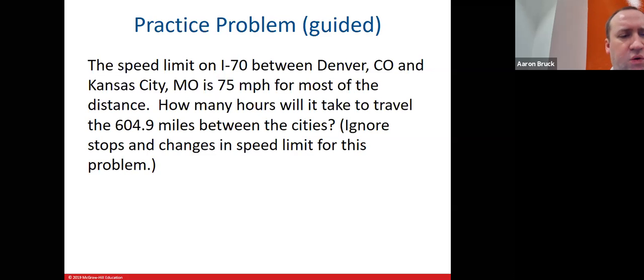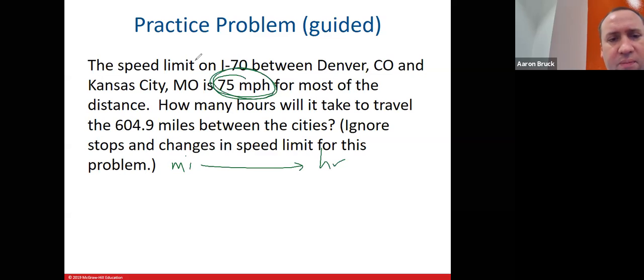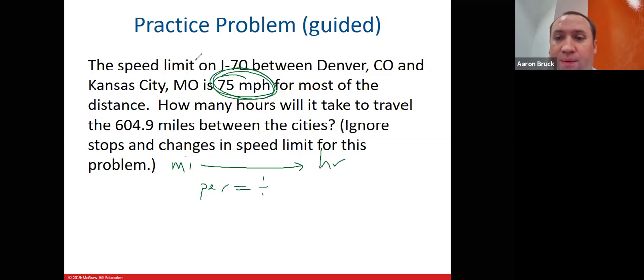What we're ultimately doing here is we have a distance in miles that we want to convert into hours. Now, the key to that is going to be this speed, 75 miles per hour. Now, keep in mind, anytime you see that word per, you should automatically be thinking about division.